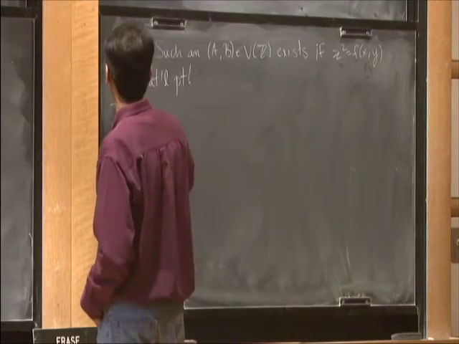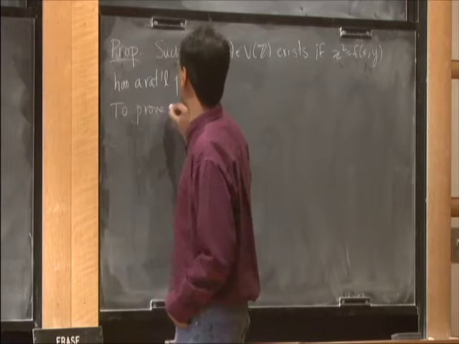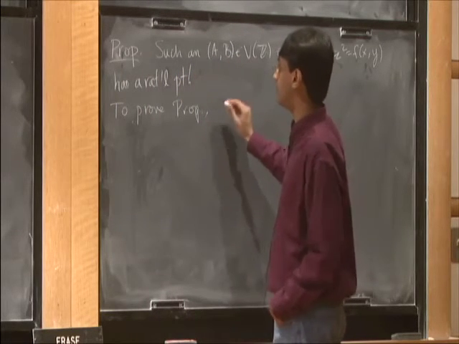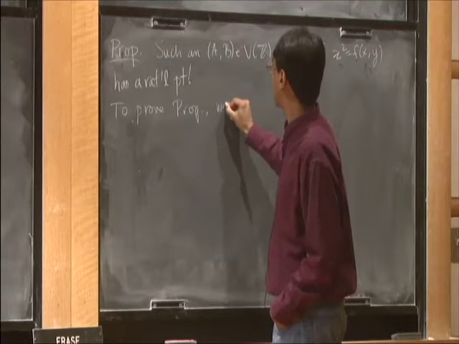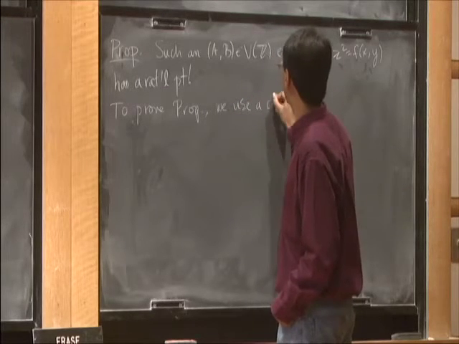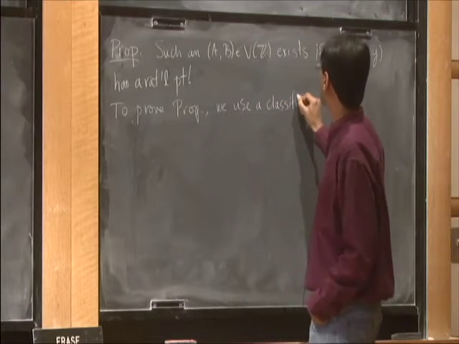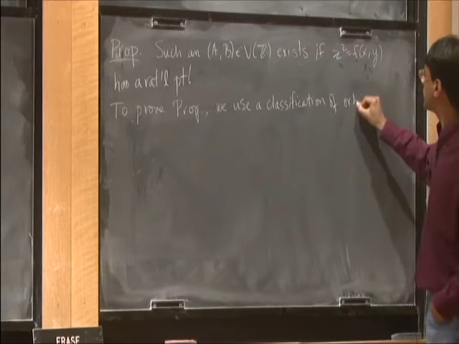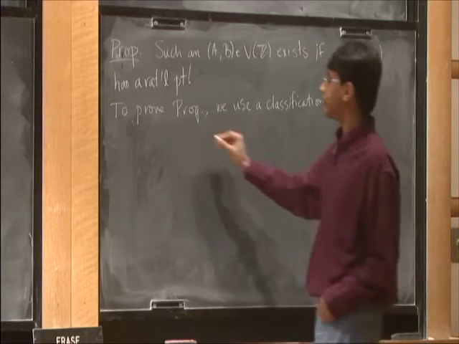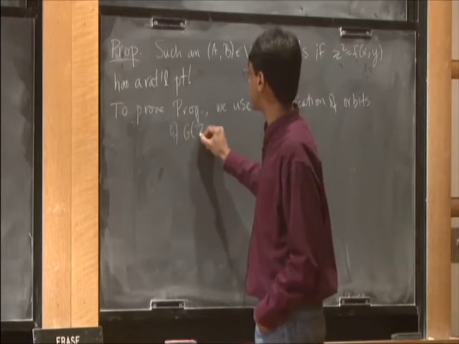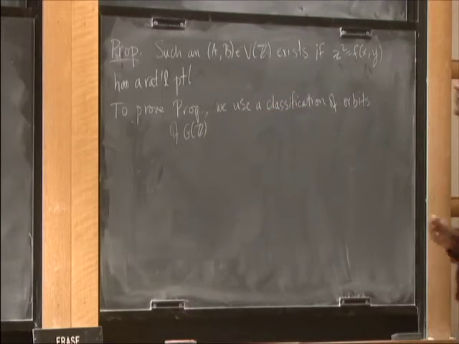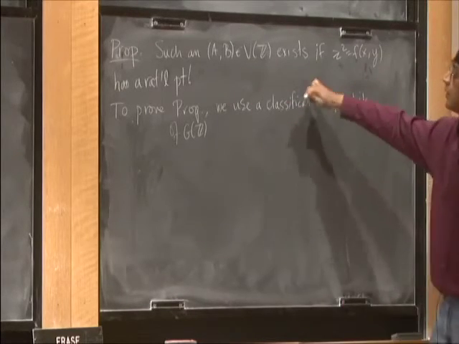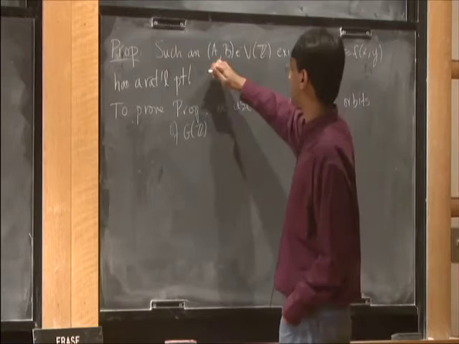So, to prove the proposition, we use the classification of orbits of G(Z) on V(Z). We'll describe the orbits in terms of another algebraic object, and then use that object to construct this particular orbit.